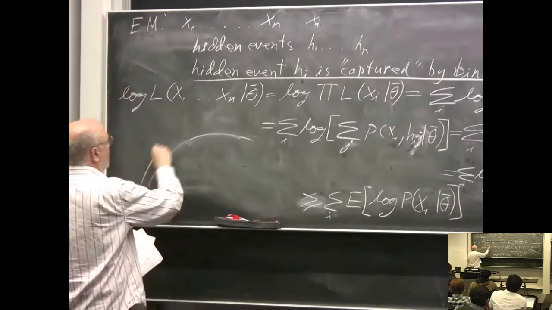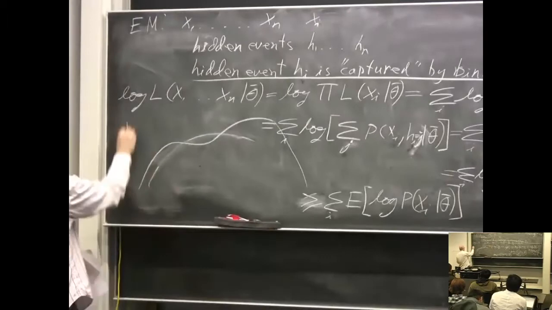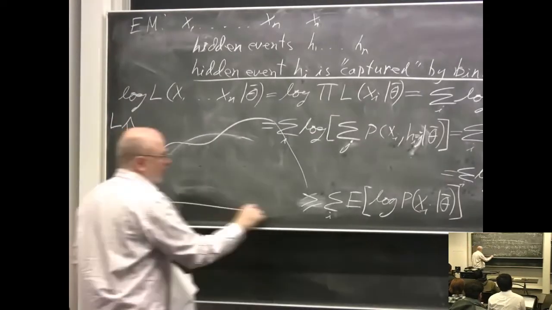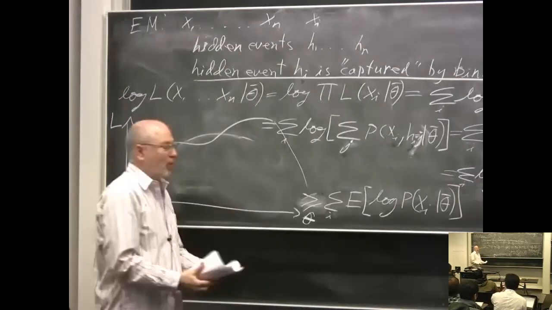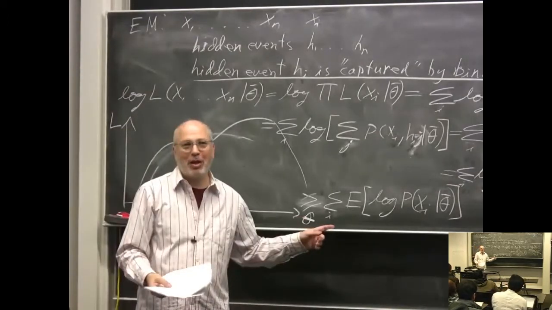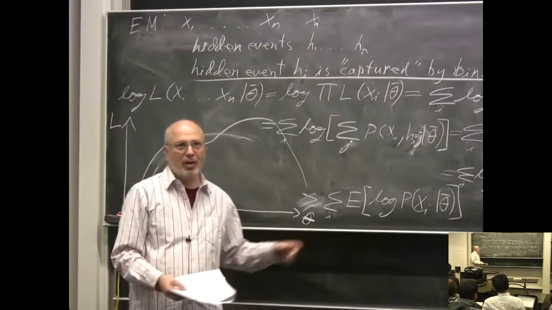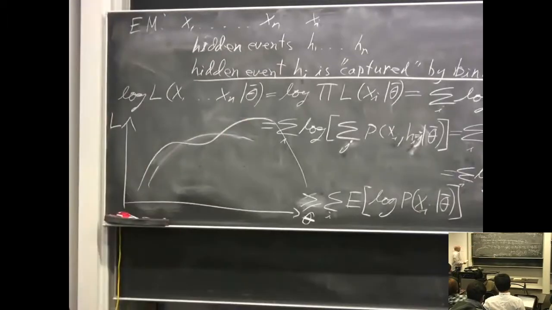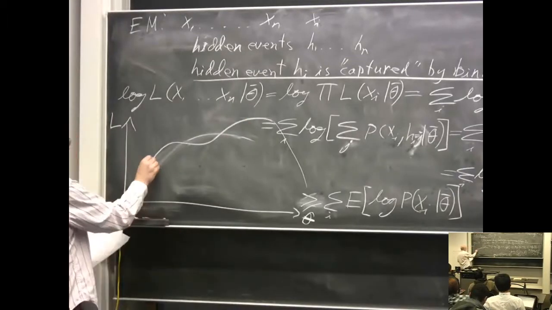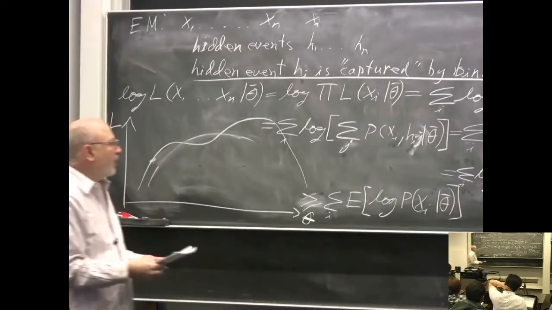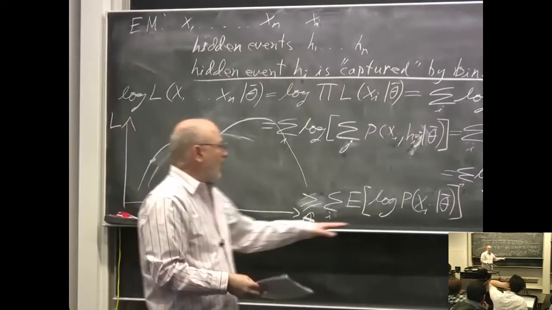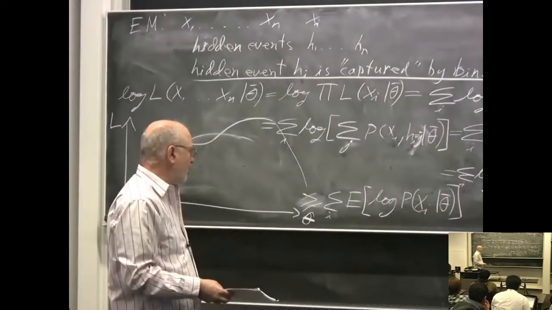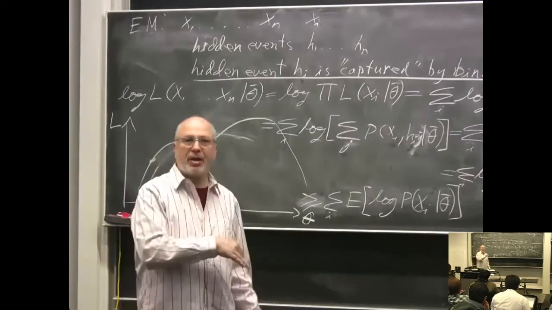Here's the likelihood function that we're after as a function of the parameters. I'm showing it as one dimension, but it's really many, many dimensions. We are interested in the highest point. We're starting from some point. What we found is an alternative expression that is guaranteed to be smaller than the likelihood, so it bounds the likelihood from below.